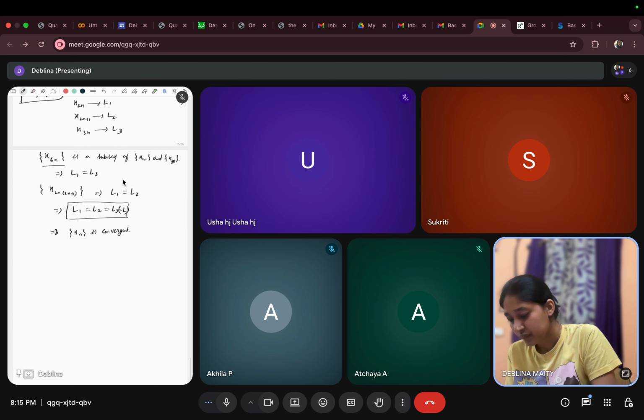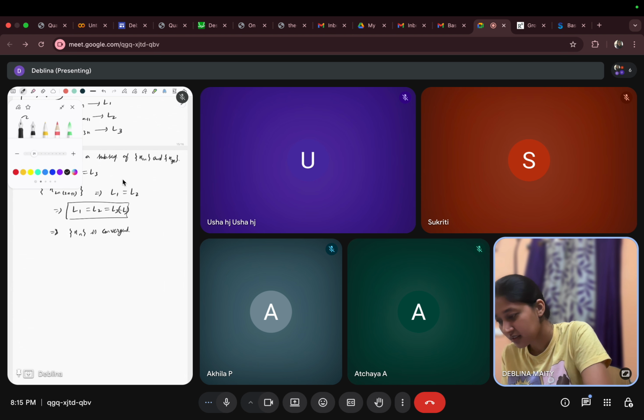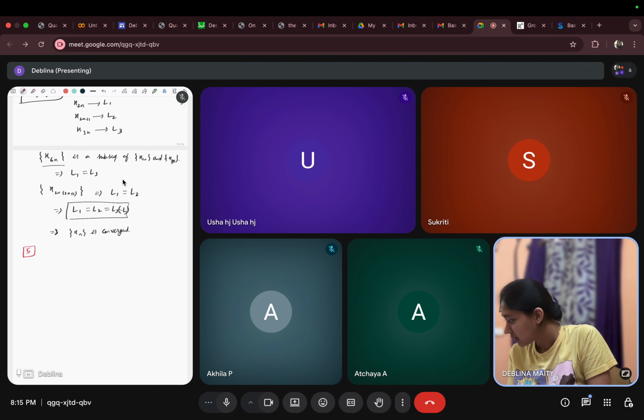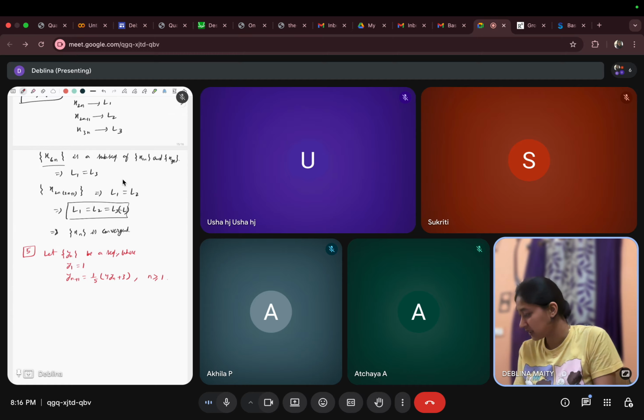Okay, so let's take the next problem. Let yn be a sequence where y1 equals 1 and yn+1 equals (4yn+3)/5 for n greater than or equal to 1.